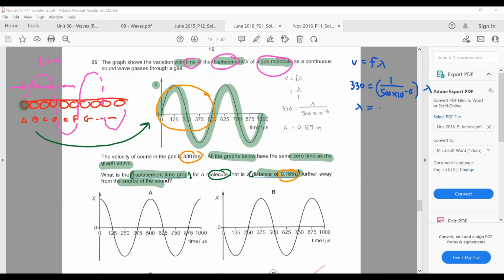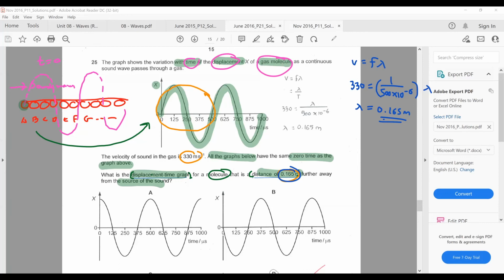Lambda is actually 0.165 meter. Surprise, it's exactly the same value as here. So what they're asking you is to pick a particle that is one full cycle away.